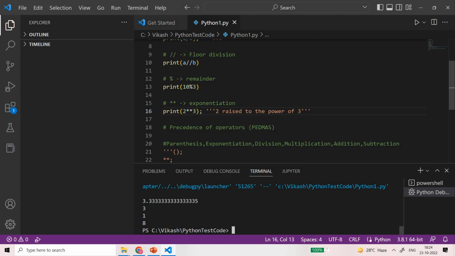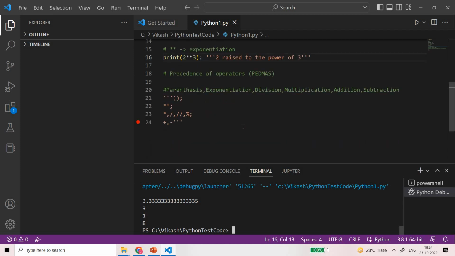Before we close, let's see the precedence of the operators. You might have heard about the BODMAS rules, which decide which operation will be performed first. Similarly, we have the PEDMAS rule. P for parenthesis, which is calculated first, then E for exponentiation, then D for division, M for multiplication, then addition and subtraction.